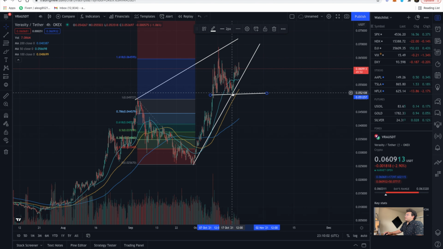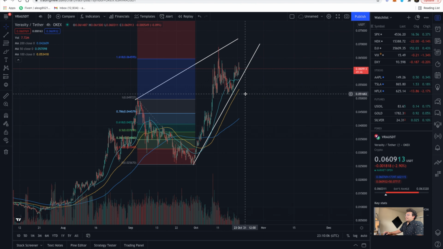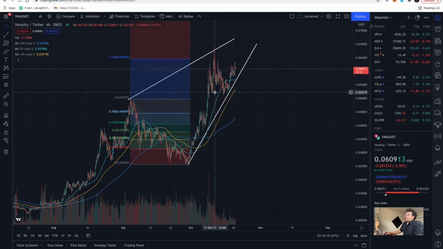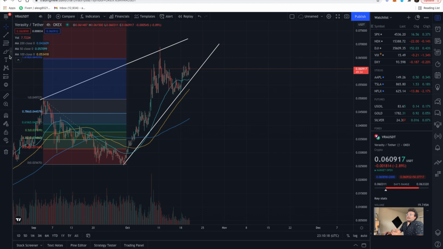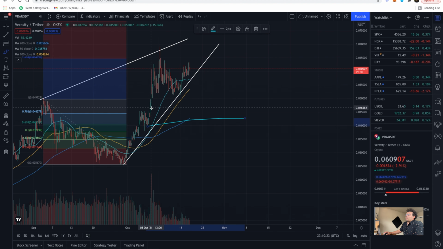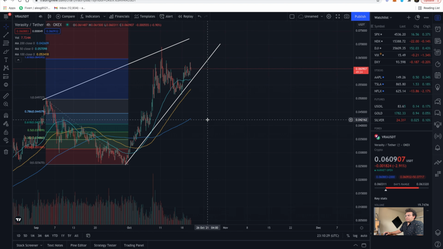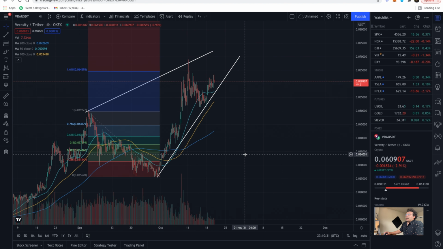That is massive. This was just above 5 cents. This is a 4-hour chart, so if we didn't convincingly close a couple of these 4-hour candles above this new support, it's pretty likely we would have dropped down near here or somewhere here. But luckily we did establish that new support level. With that said, let's dive into where we could be headed.